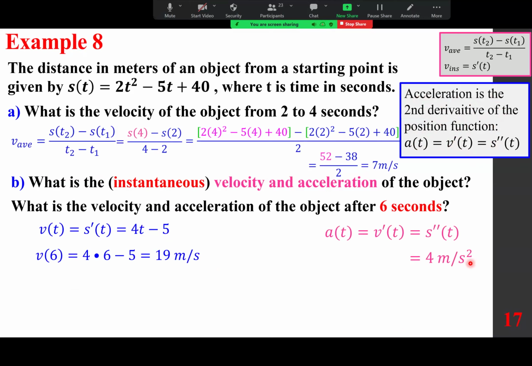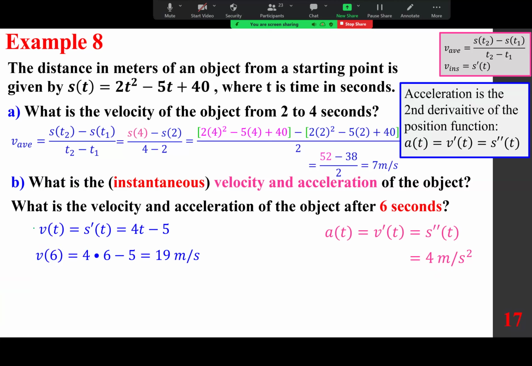I'm going to discuss the units in a moment. But before I do that, even the next part where it says find the acceleration after 6 seconds, because this is independent of t, when t is 6 or 5 or 4 or 10 makes no difference, it remains 4. Why is it meters per square second?